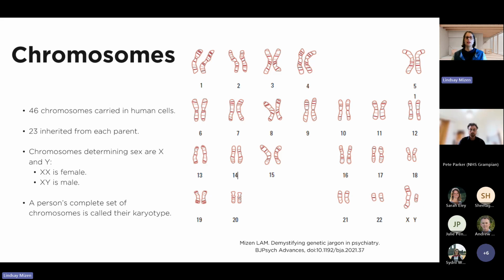For a male, it is XY, and for a female, it would be XX. All the other ones are grouped in size here, from number 1 being the biggest, down through to 22, plus those sex chromosomes. And when you take that picture of all the chromosomes together, that's called a karyotype.